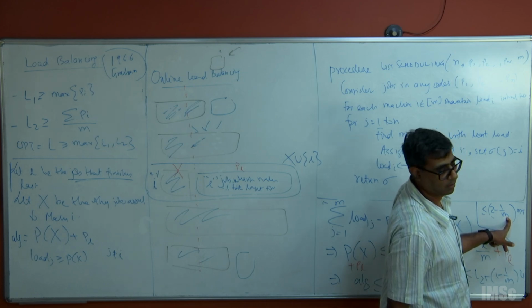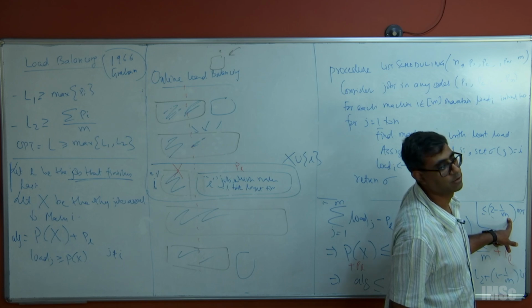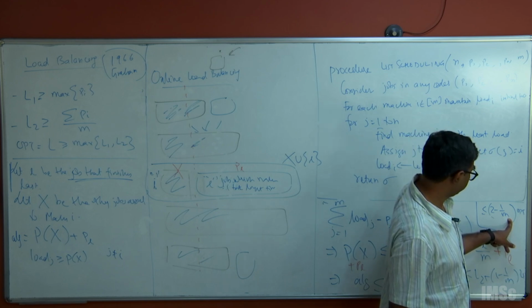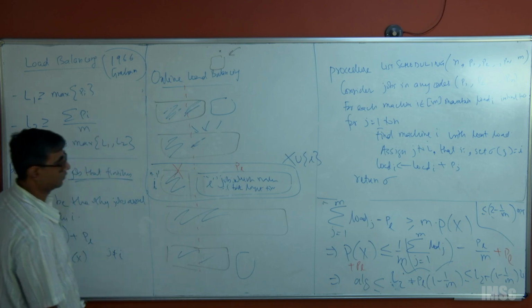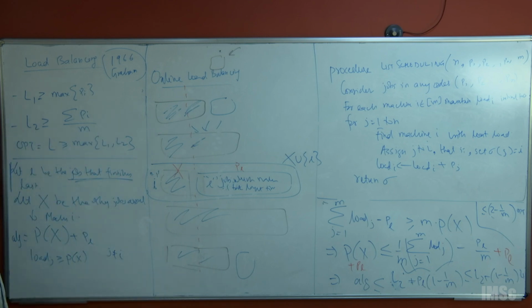That's great. If it is 2, then this is a 3 by 2 approximation. Do you think this algorithm is tight? It's weird. With more machines, its performance could fall and get very close to 2. With fewer machines you are mimicking opt. For one machine you have no choice.